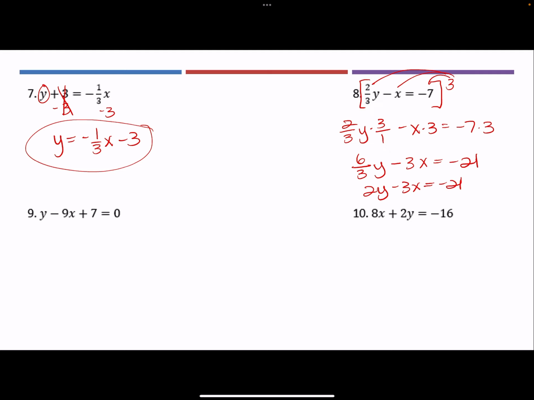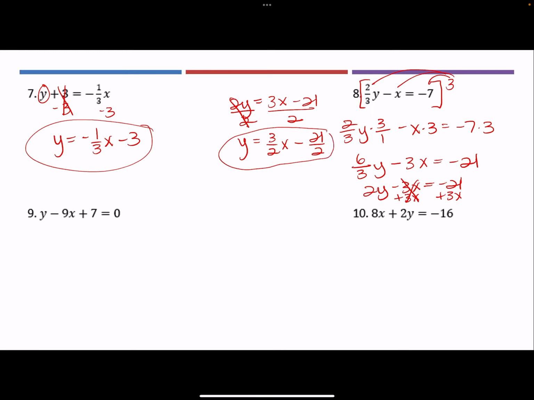And again, remember, we want y equals mx plus b, so we're going to add 3x. So we have 2y equals 3x minus 21. To get the y by itself, we're going to divide by 2. y is equal to 3 over 2x minus 21 over 2, and nothing can really be simplified, so we're just going to leave it like that.